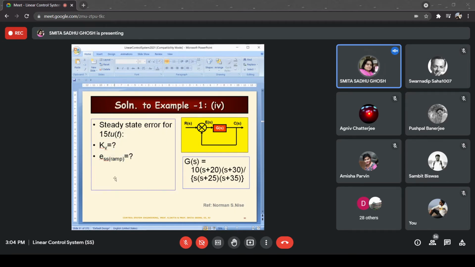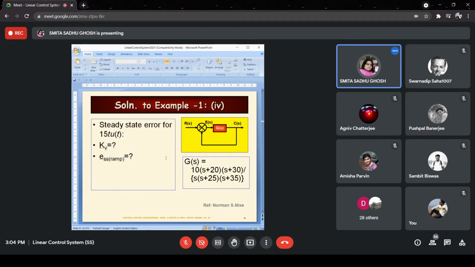So how do you find Kv? Kv is the limit of sG(s) as s tends to 0. You have to keep in mind what Kv is defined to be; it was already said. So now how much is Kv? 48 by 7.